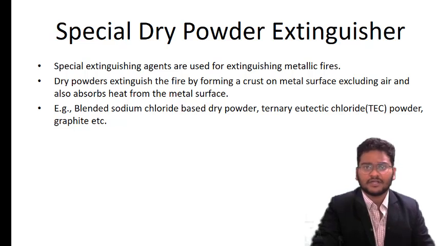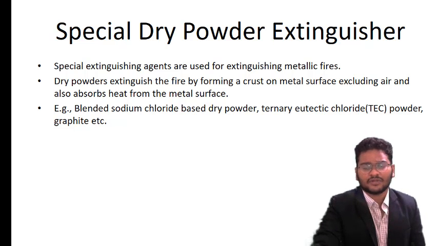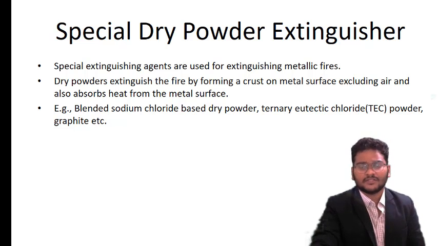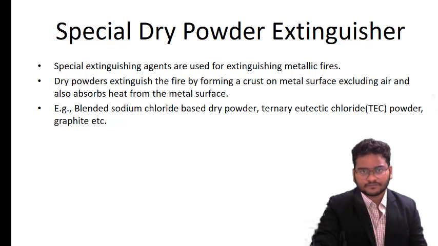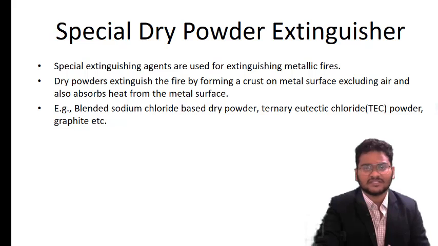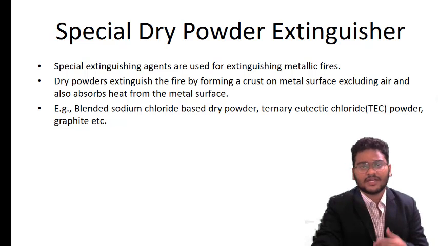These are different dry powders we will use for metallic fires, so that we can control the fire by cutting the oxygen supply, or by controlling the fuel contact with the heating element. So what are the three elements? If you remove any one, automatically the fire will be under control, and we can extinguish the fire.